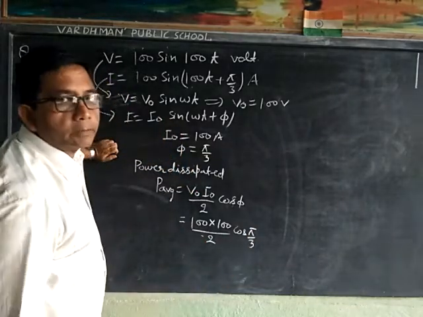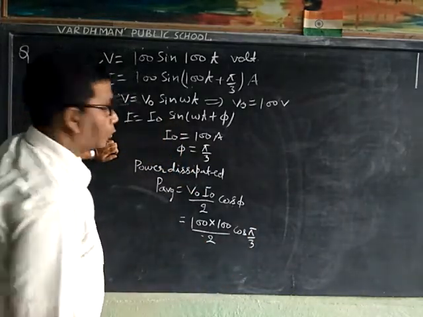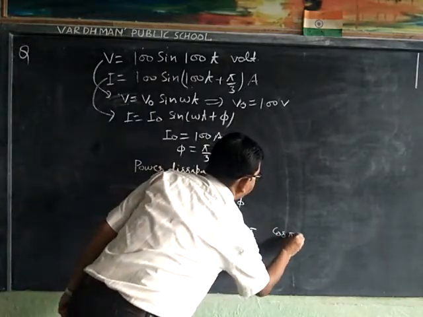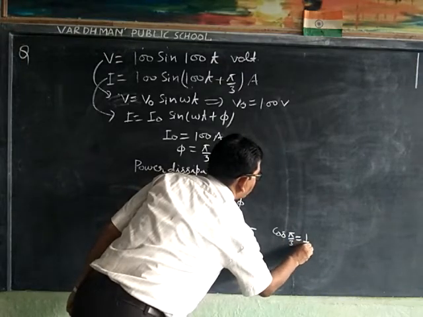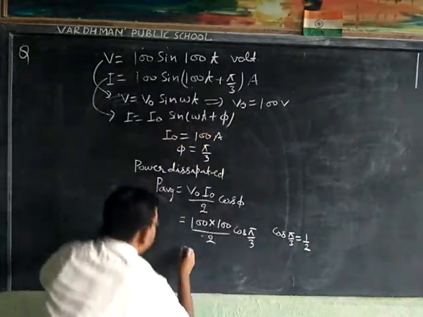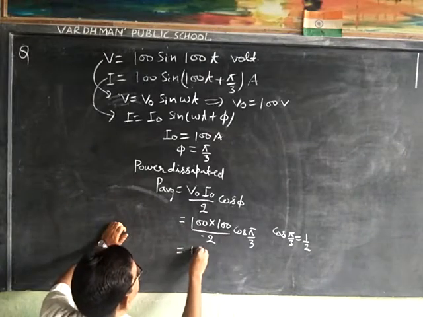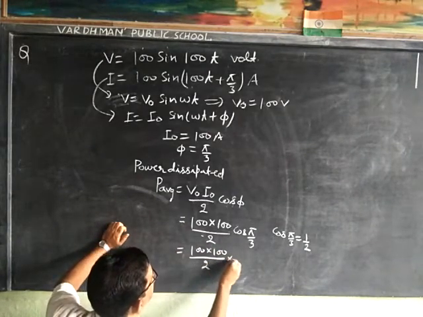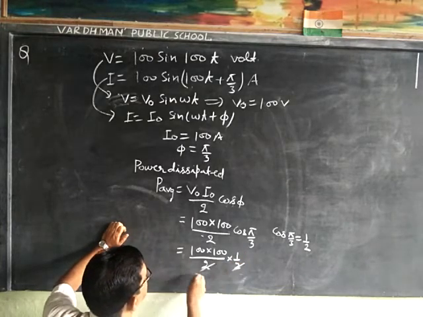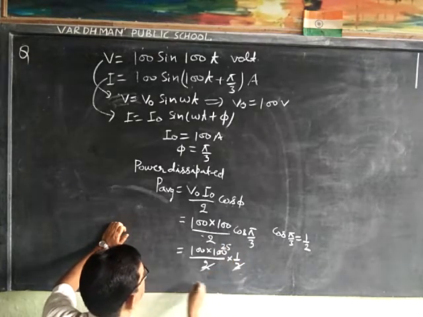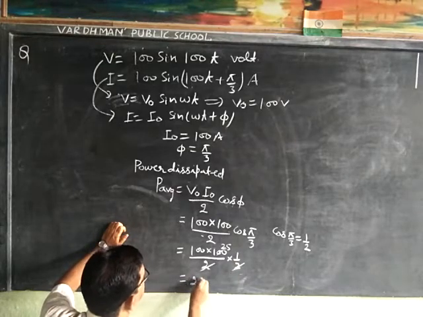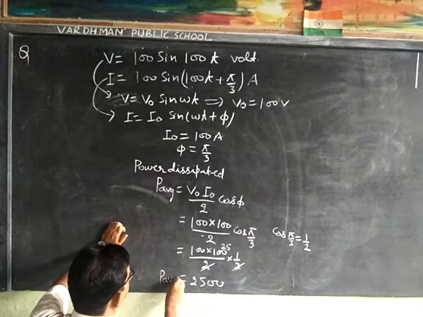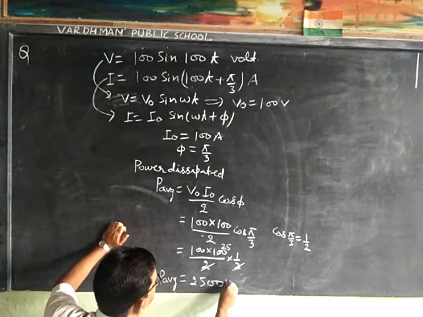Now the value of cos pi by 3, that is cos 60 degree, is 1 by 2. So 100 into 100 upon 2 into 1 by 2 is 2500 watt.